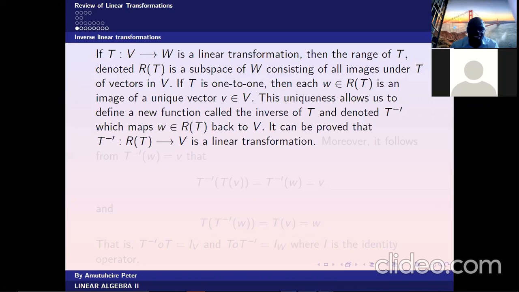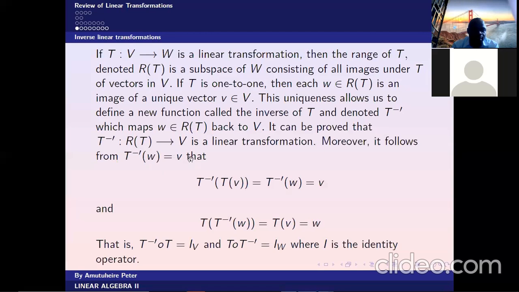It maps the image elements in the range back to V, and it can be proved that this new transformation is a linear transformation.